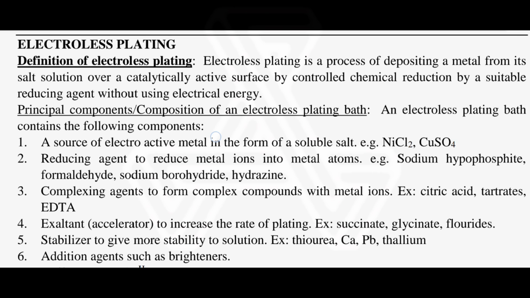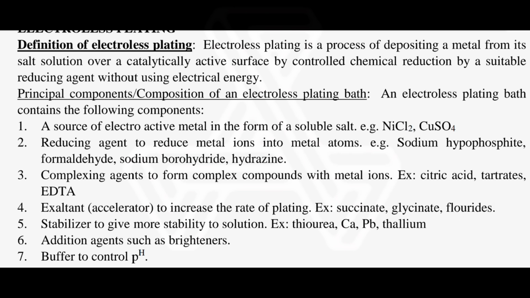An electroless plating bath contains the following components: a source of electroactive metal in the form of a soluble salt, such as NiCl2, CuSO4. A reducing agent to reduce metal ions into metal atoms, for example sodium hypophosphite, formaldehyde, sodium borohydride, hydrazine.